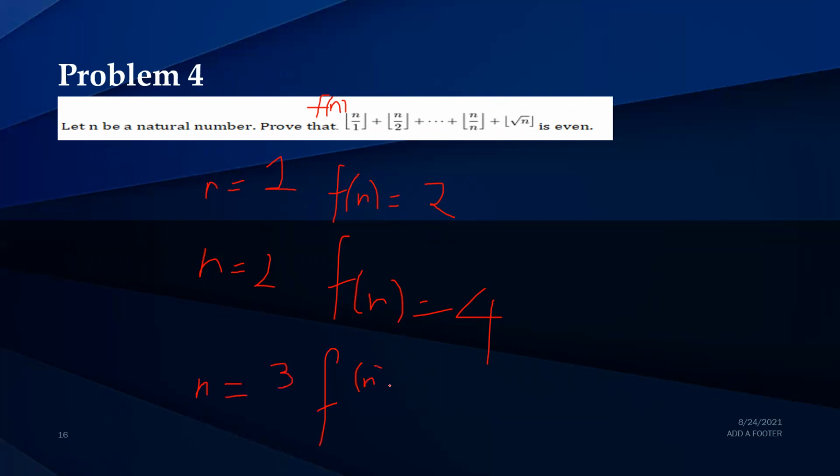So fn would be 3, 4, 5, 6. Now let's put n is equal to 4. So 4 by 1 plus 4, 2, 6, 7, 8 to 10. So f of n equal to 10.